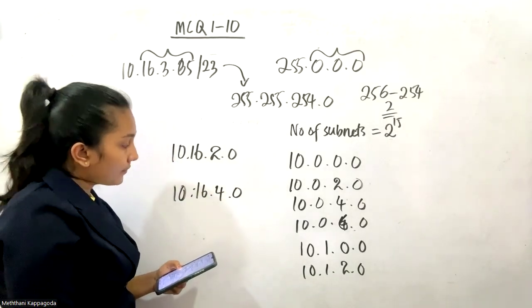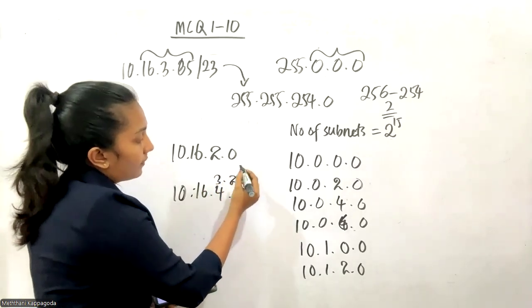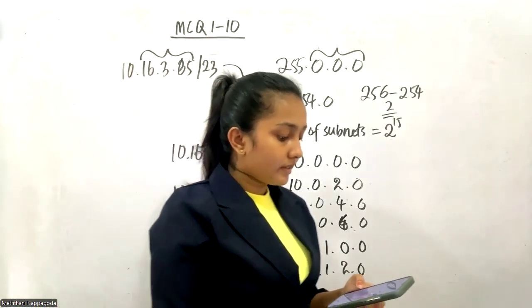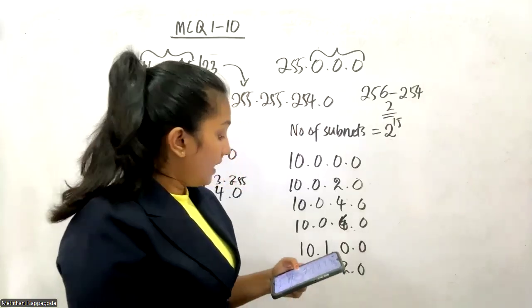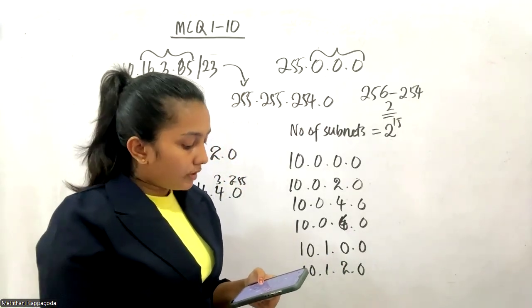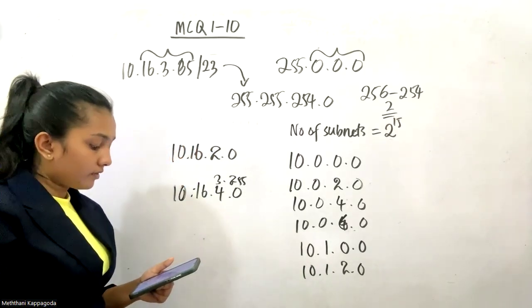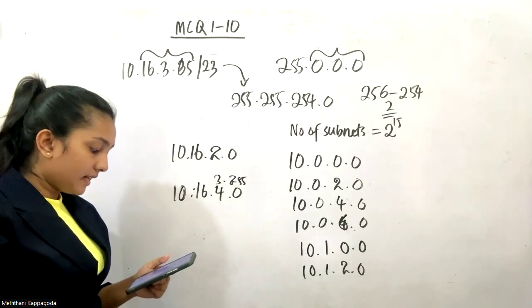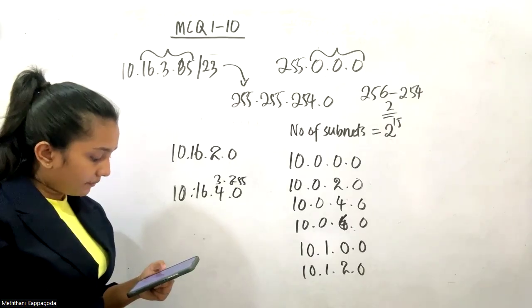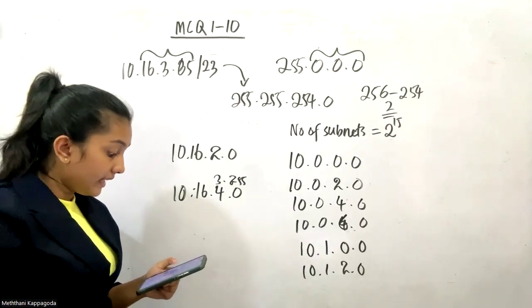The last valid host should be 10.16.3.255. That is also correct. The broadcast address of the subnet is 10.16.3.255. That is also correct. 3, 4, and 5 are correct. You are asking for the incorrect one.